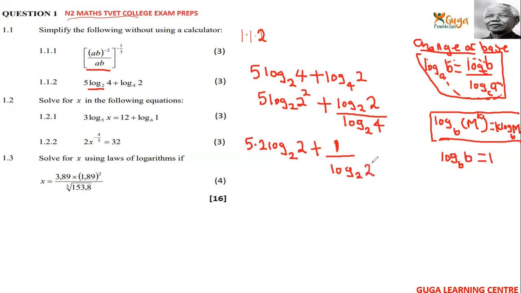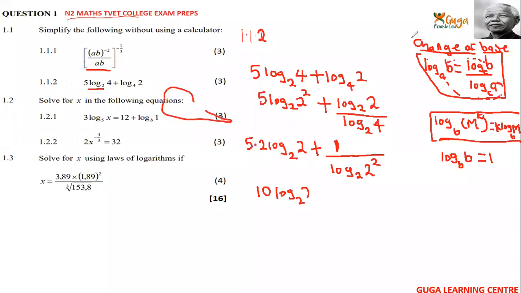This 4, you can write as 2 to the power 2. So the next step, 5 multiplied by 2 should give you 10, isn't it? And then 10 log base 2 of 2. Oh, sorry about that. Let me undo, let me erase a bit.